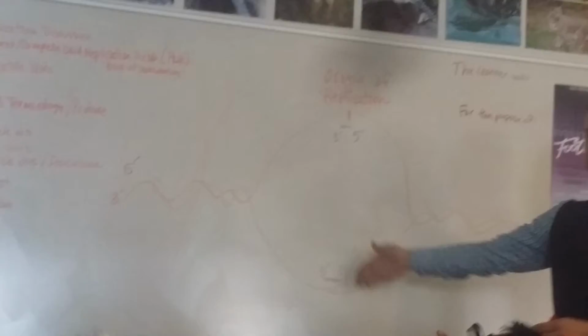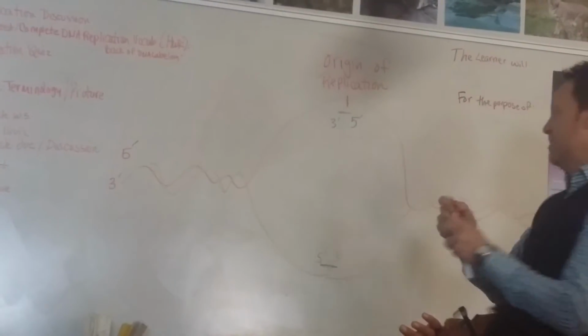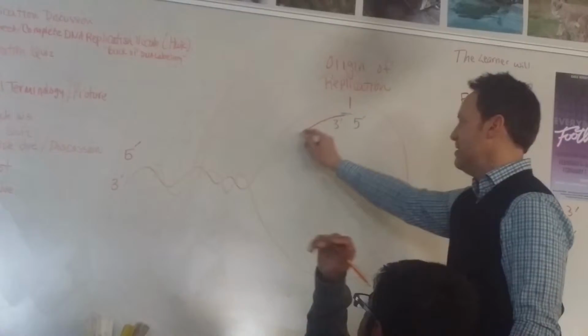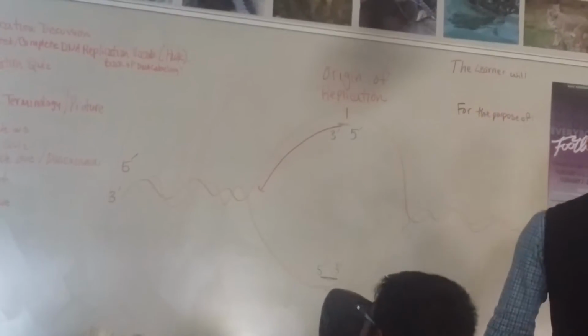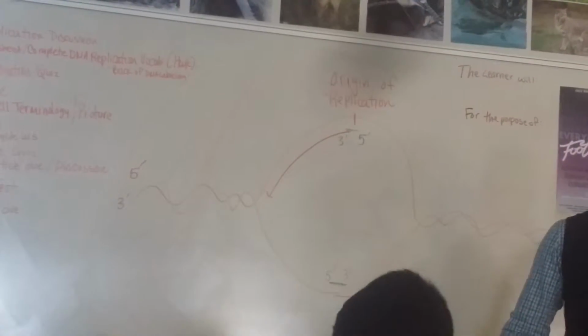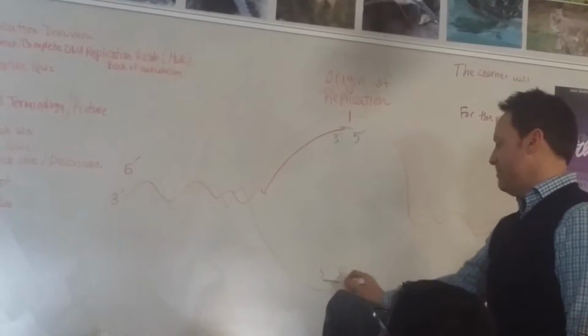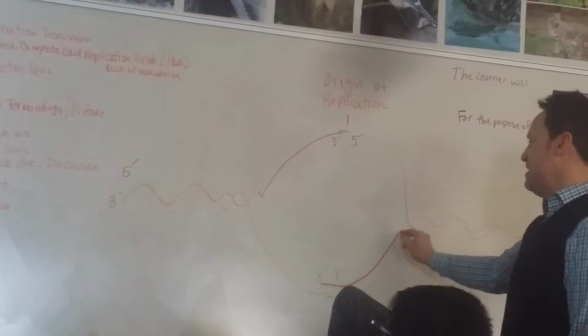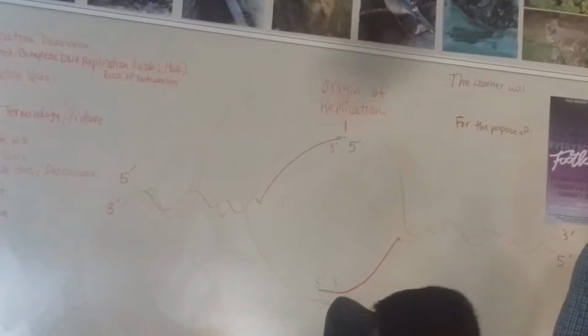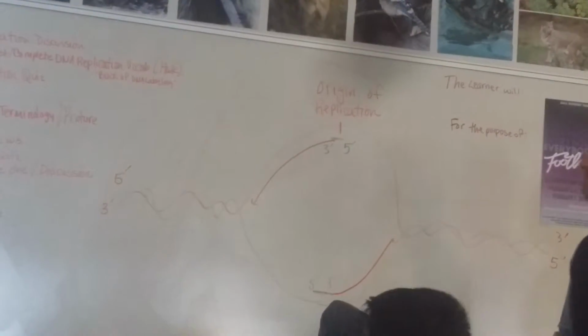So I just opened it. DNA polymerase comes through and starts adding DNA nucleotides towards the replication fork.